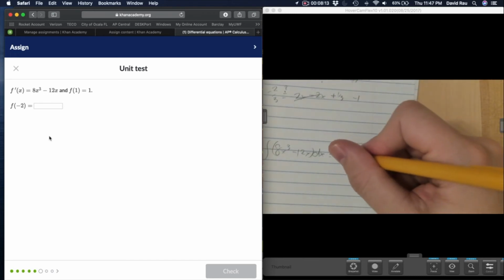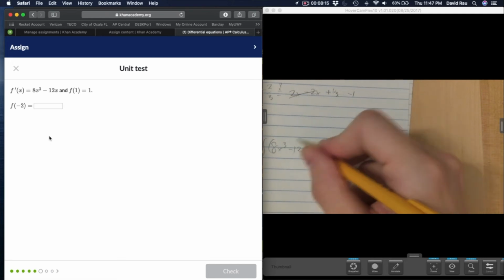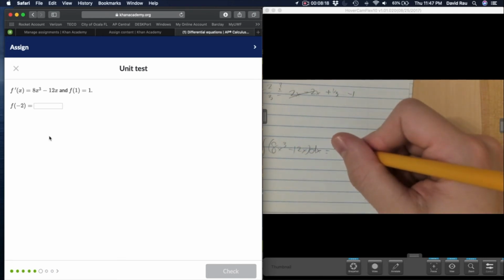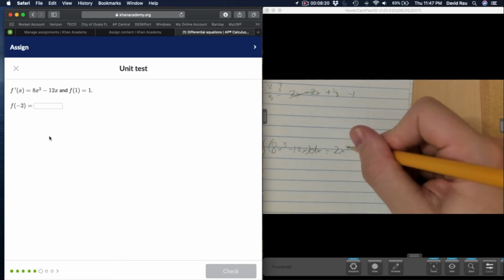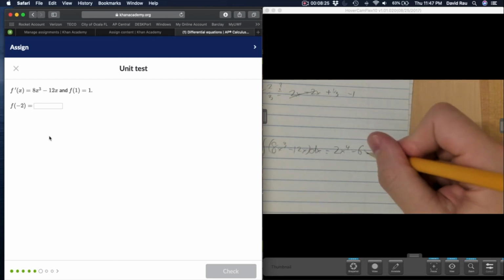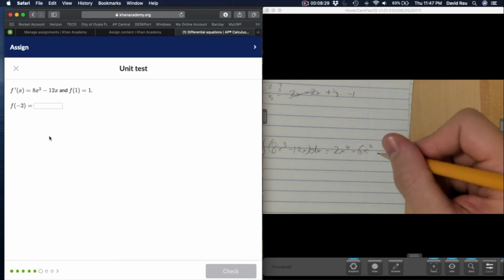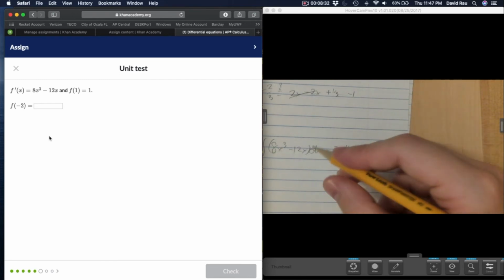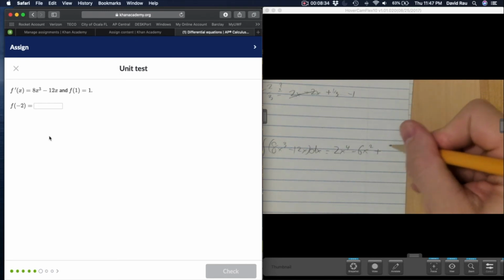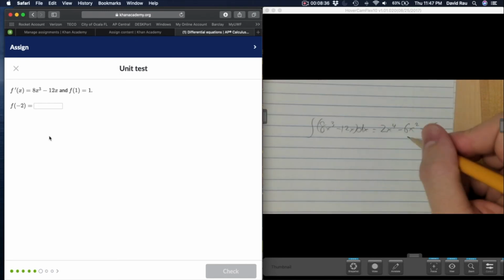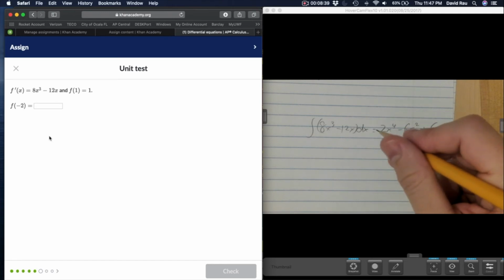So we'll end up getting, let's see here, this was x to the 4th and a 4 dropped down. So that must have been 2x to the 4th. That's how you drop down the 4 and get 8. Minus, it looks like 6x squared. That's how you drop a 2 down and get negative 12 and just have a single x left over. And then this is indefinite, so we have this plus c. Now this time, the other thing is this is kind of like a function of x.